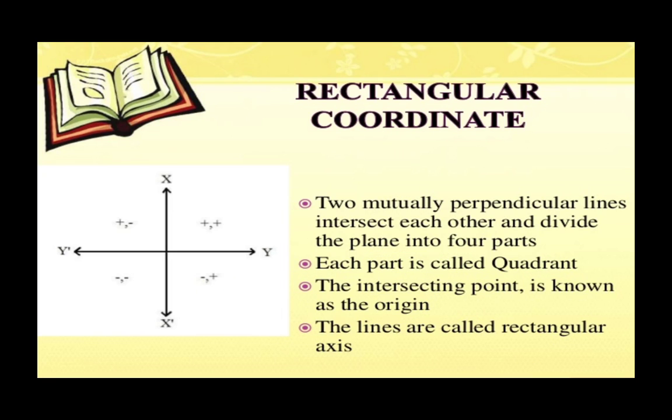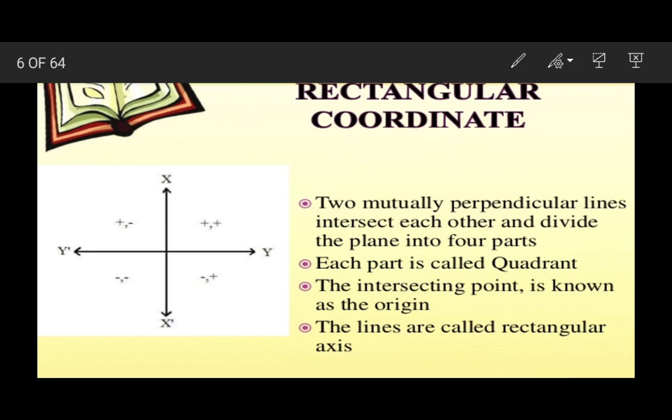Next is rectangular coordinates. What does this mean? Two mutually perpendicular lines intersect each other and divide the plane into 4 parts, and then we get rectangular coordinates. Each part is called a quadrant. These are two mutually perpendicular lines. This line is known as the x-axis and this line is the y-axis.